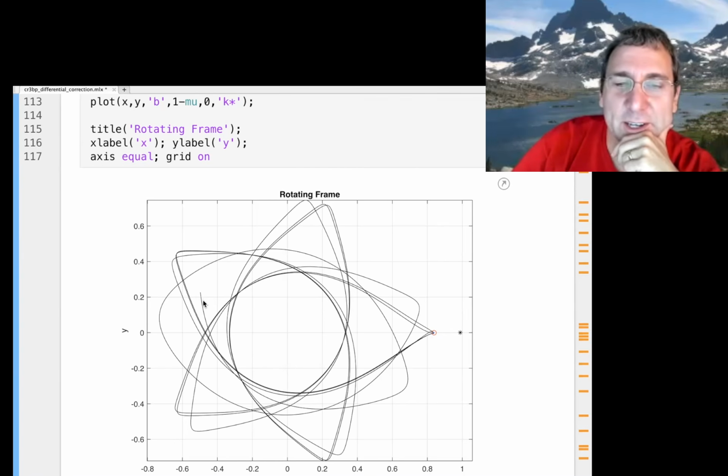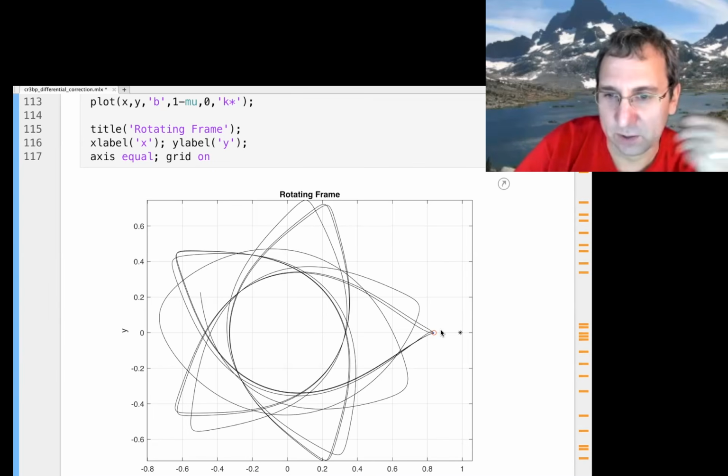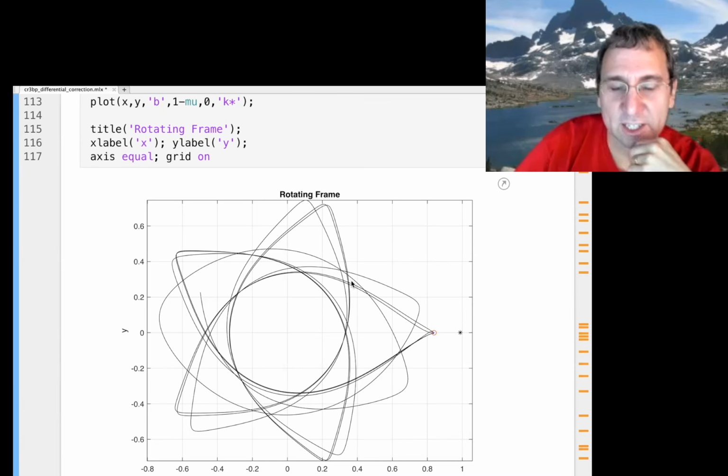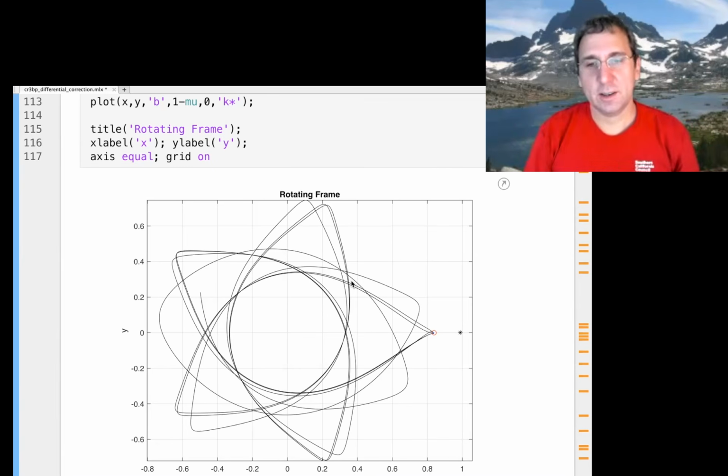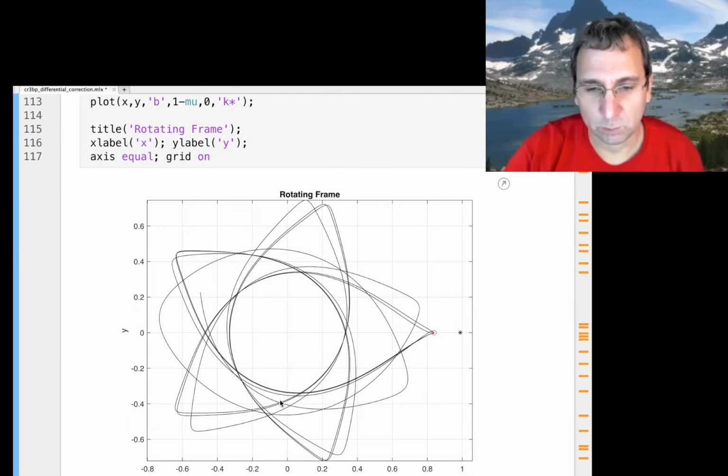Typically, the trajectories that are on the stable and unstable manifold are pretty close to some kind of resonance. Partially because no matter what your Keplerian orbit, it's going to be near some kind of resonance with the body. And resonances tend to form these closed, multi-pointed shapes in the rotating frame.